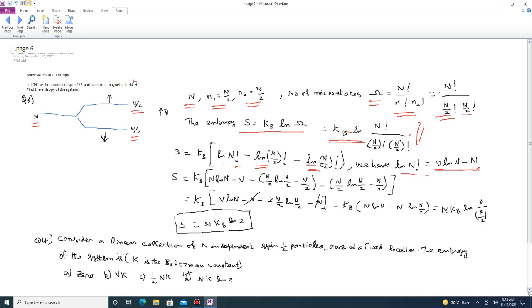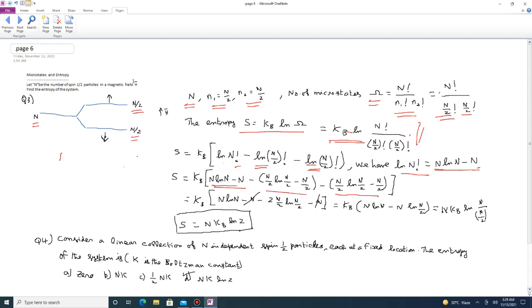Using that expression we calculate the entropy of the system. It may be expressed as Kb into N log N minus N, and the next term is log N by 2 factorial. Using the formula, this will be N by 2 into log N by 2 minus N by 2. Similarly the other factor is also N by 2 logarithm of N by 2 minus N by 2.